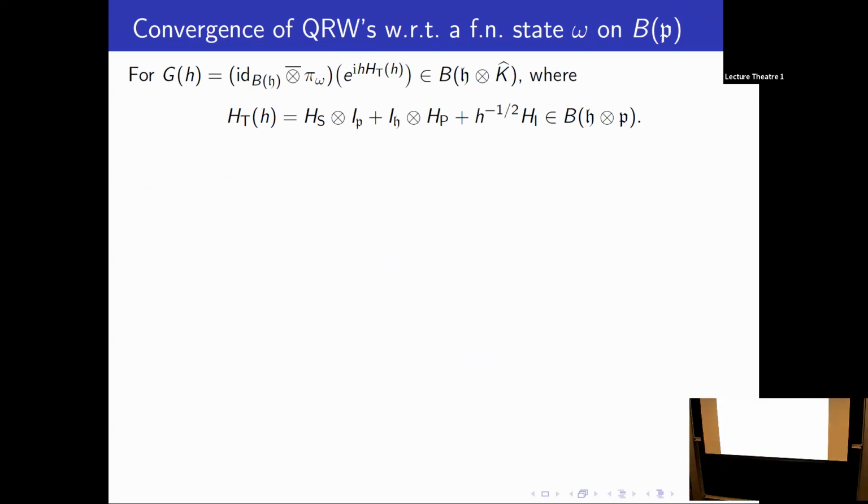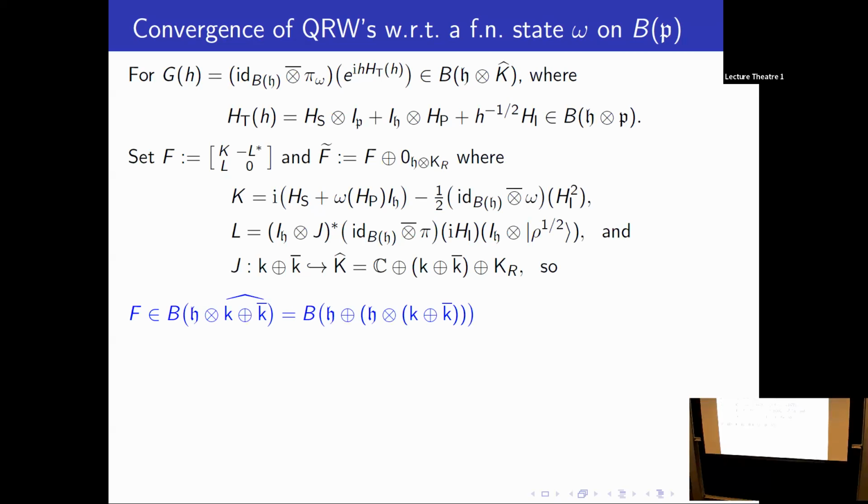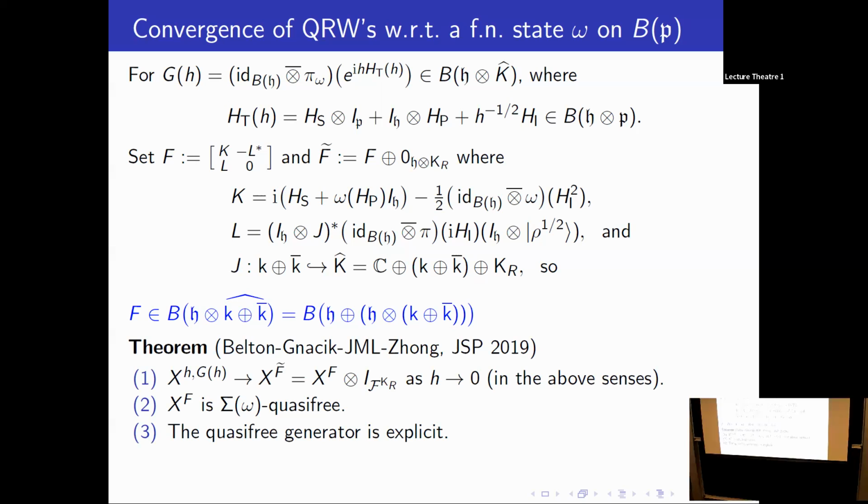And here's the theorem in this setting. We take a total Hamiltonian of this type, and for our generator of a quantum random walk, we take the image under the GNS representation of e to the i h, with total Hamiltonian h of that type. With that, things work out and we get convergence of embedded quantum random walks in this setting.